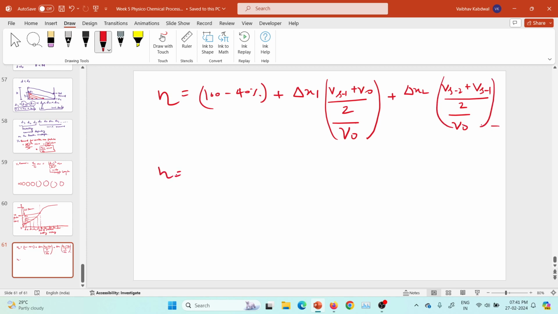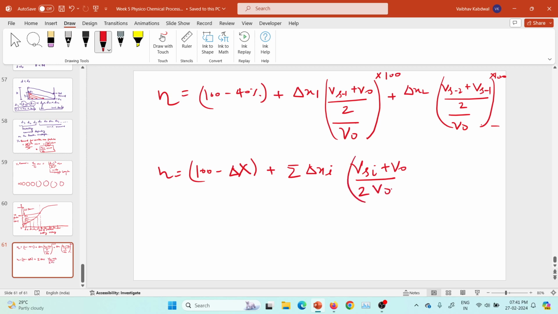So what we can conclude, if it is in percentage, you will multiply it with 100. So 100 minus big delta x, plus summation of delta xi into Vsi plus V naught divided by 2 V naught.